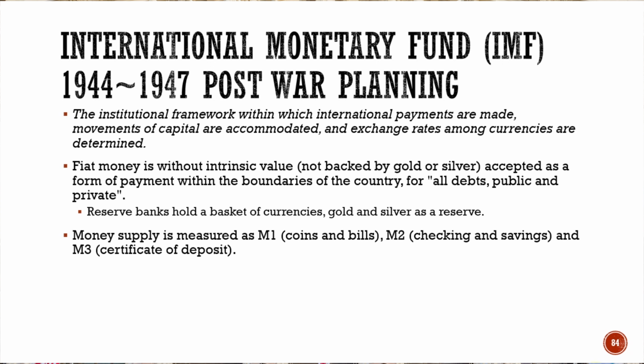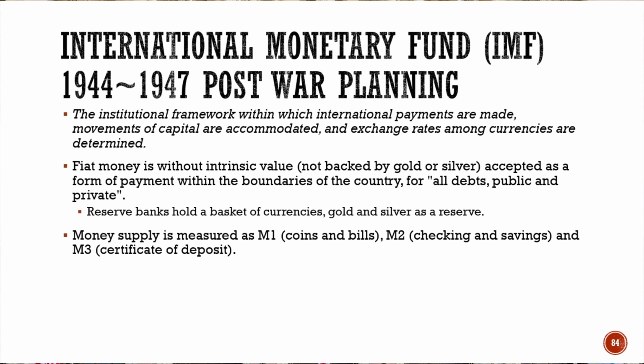The International Monetary Fund, the IMF, was part of the post-war planning between 1944 and 1947. It became the institutional framework with which international payments are made, movements of capital are accommodated, and exchange rates among other currencies are determined.